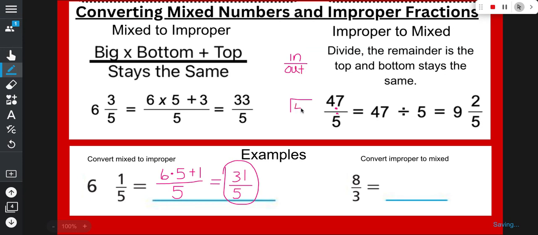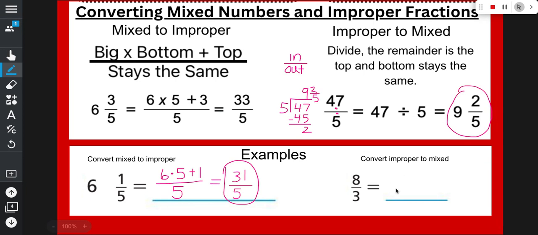So 47 would go on the inside and 5 would go on the outside. So now we're dividing. How many 5s can go into 47? We know that 9 times 5 is 45. We subtract that out, we're left with 2. What that remainder means is we had 2 pieces left over out of what we were dividing by 5. So my answer would be 9 2/5.